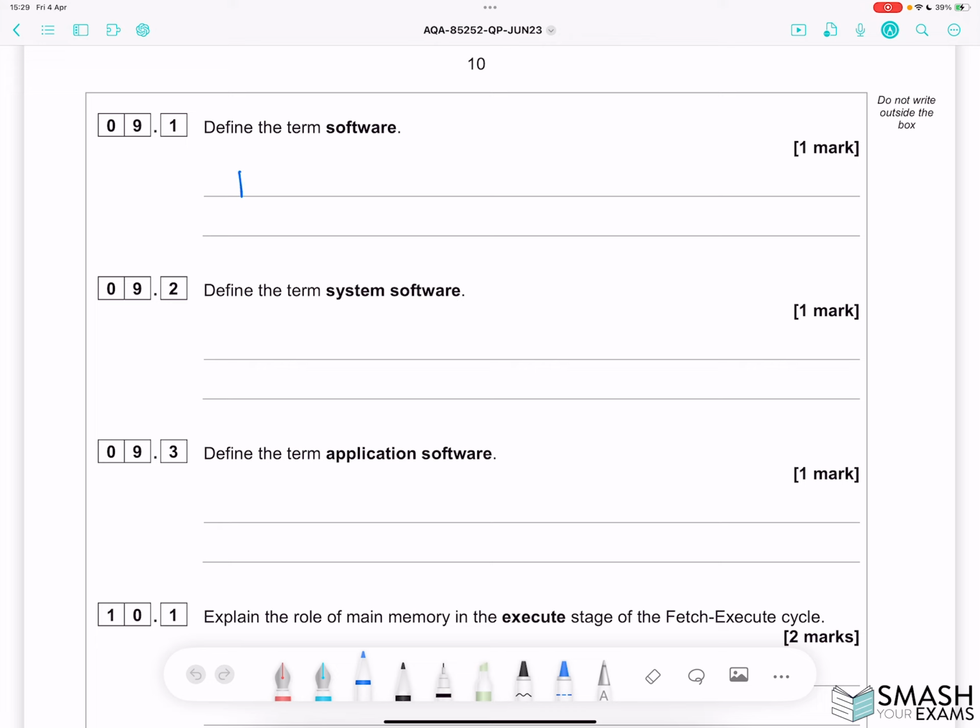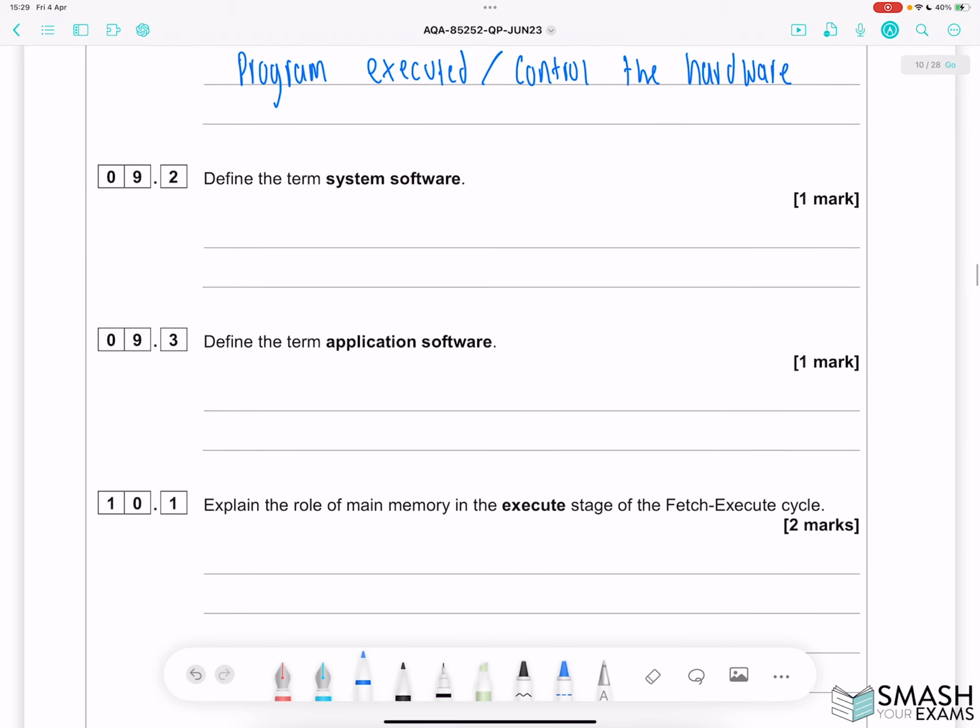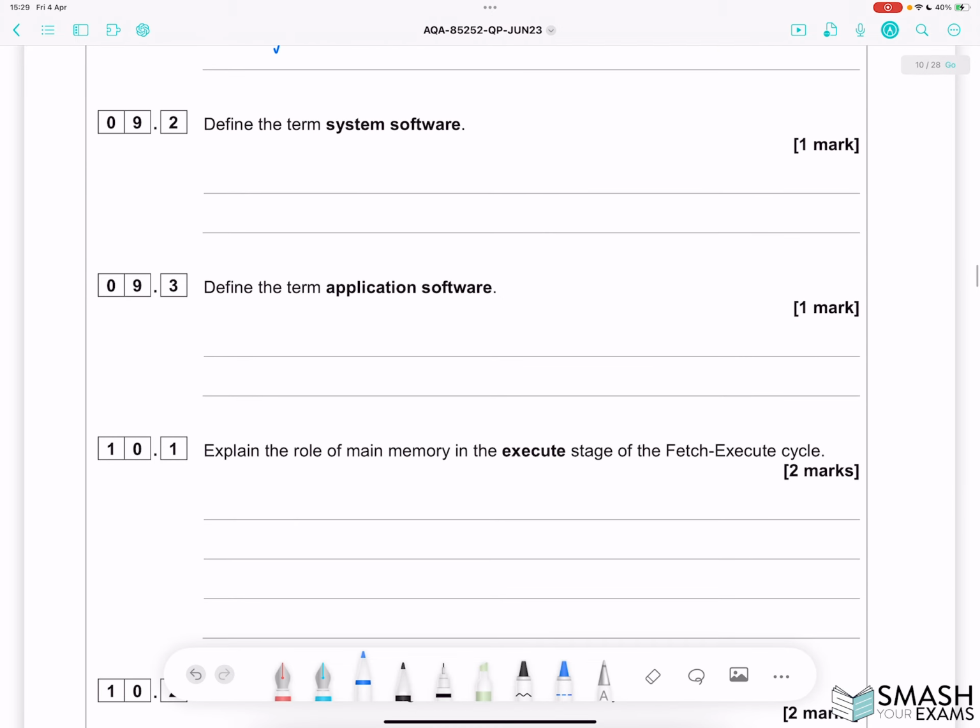So we could say it is a program which can be executed or can control the hardware. Because remember, some software doesn't necessarily have to be application software. We could be talking about utility software, for example, that can help us defragment a magnetic hard drive and so on.